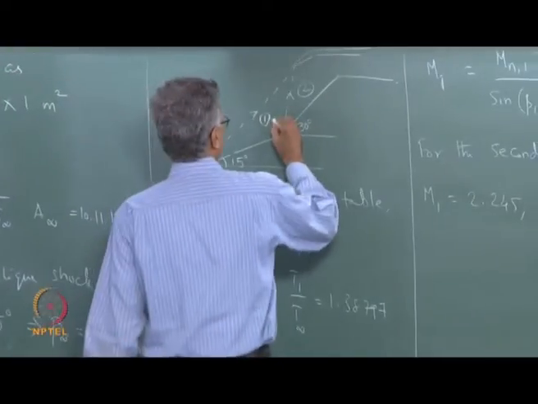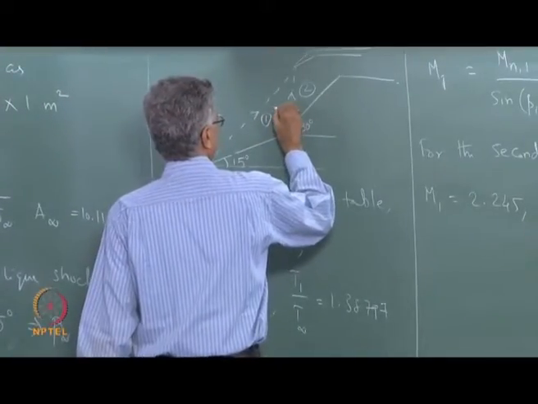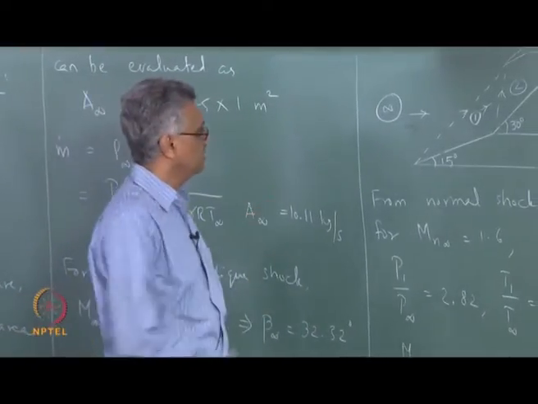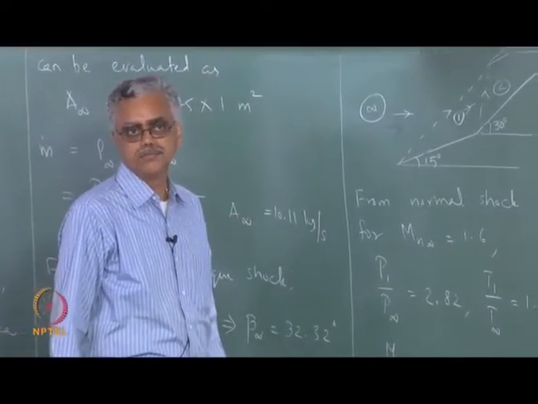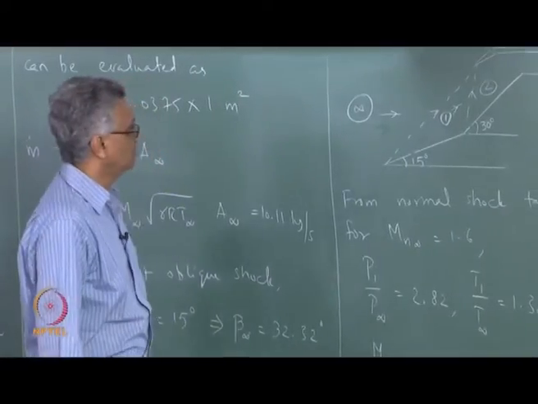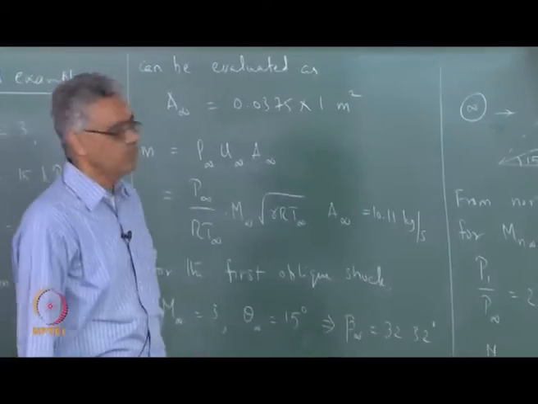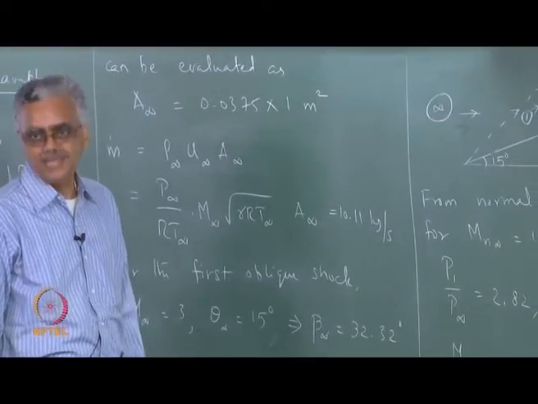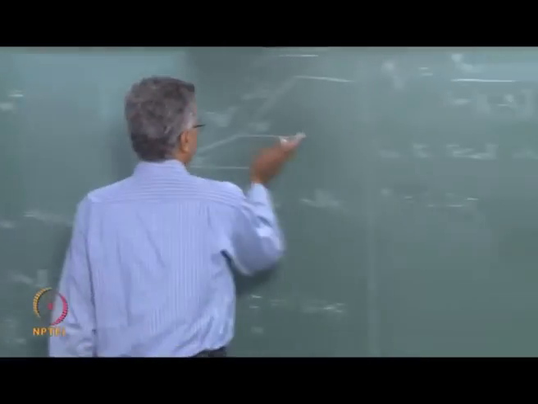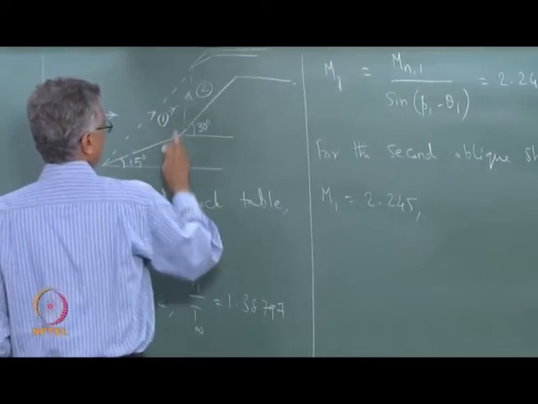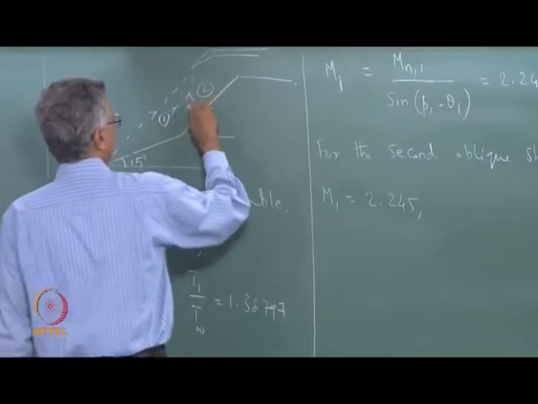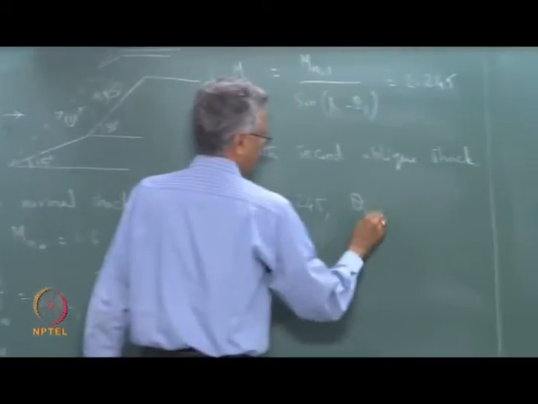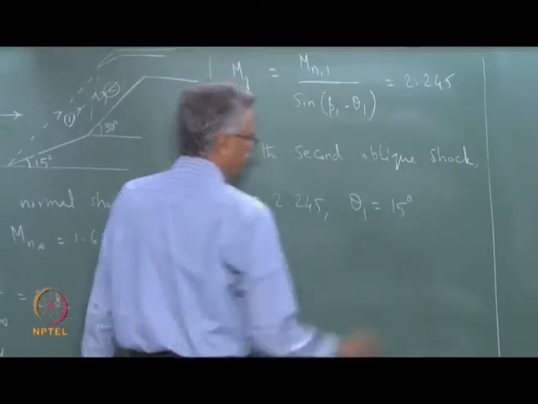Remember, this velocity vector is like this, and the ramp angle is 30 degrees. Okay. So, as you can see from here, what is the flow deflection angle going to be for this case? 15 degrees, right? From here, it is deflected further this way, it is already deflected 15 degrees. So, that means it is going to be deflected another 15 degrees. So, that means theta 1 is equal to 15 degrees.